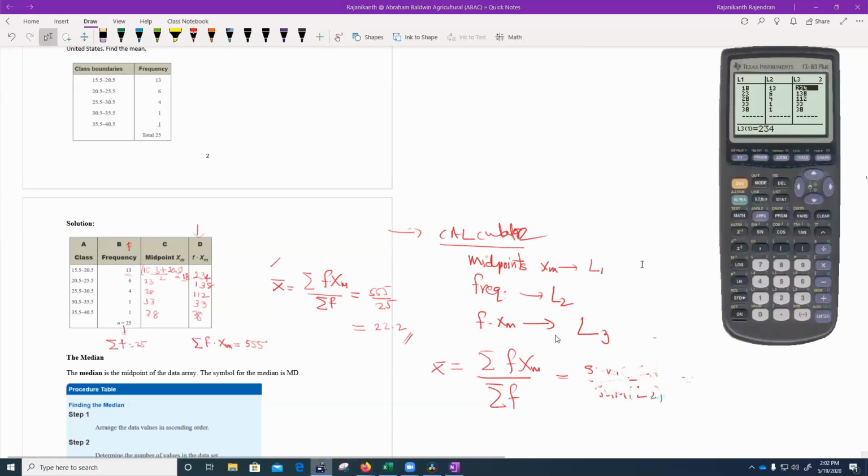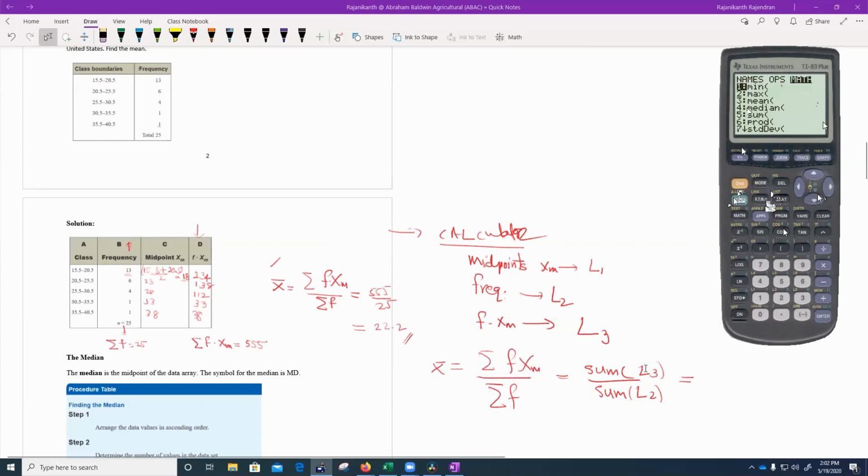Let's see where it is. Okay, I'm going to come outside of this. Now go to second and stat. That means basically I'm finding the list. Now move to math. There you will find sum, right?